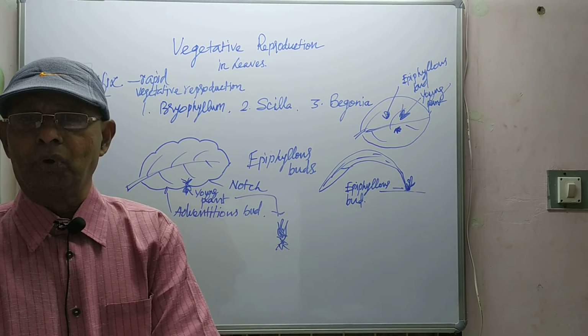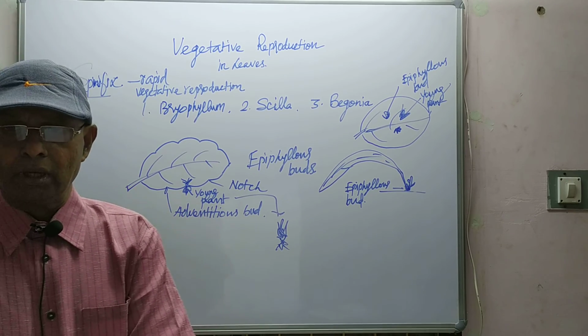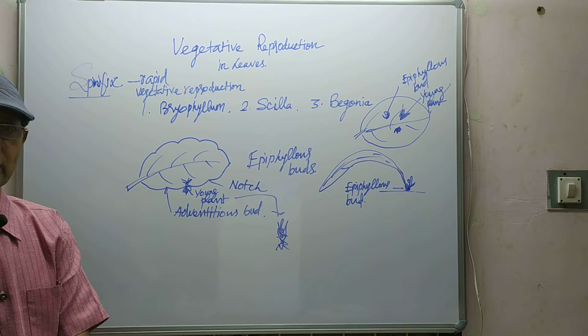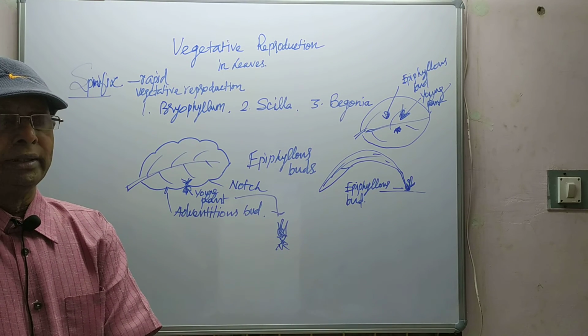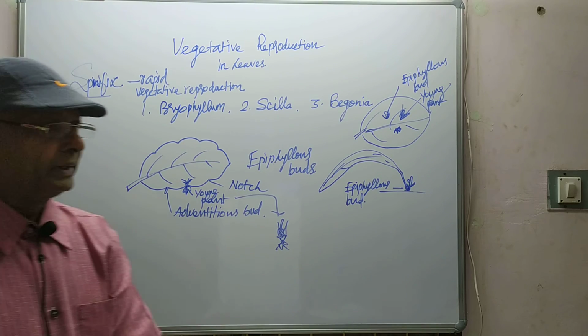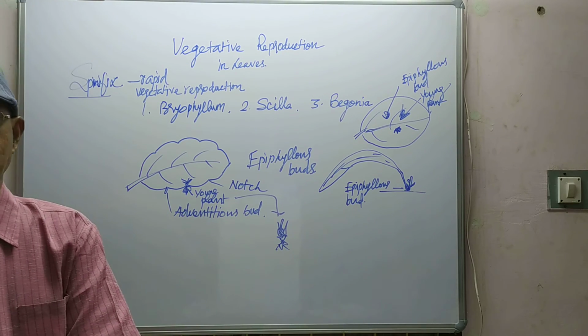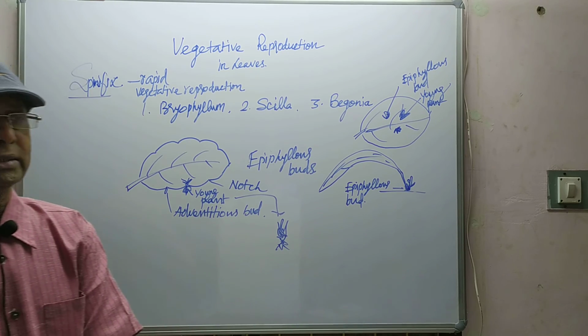Horticulturists and farmers utilize vegetative parts of the plants for cultivation and harvest of plants on a large scale only by this method. This method is followed. What's the disadvantage? Genetic variation cannot be found in the propagated plants.